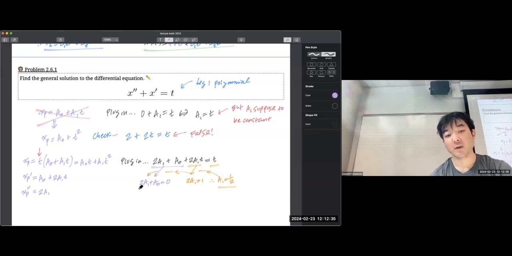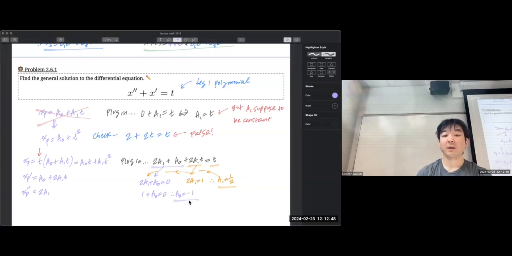And so you're left with half times 2, which is just 1, plus a naught is equal to 0. Therefore, your a naught is equal to -1. And so you found successfully both your a1 and a naught.